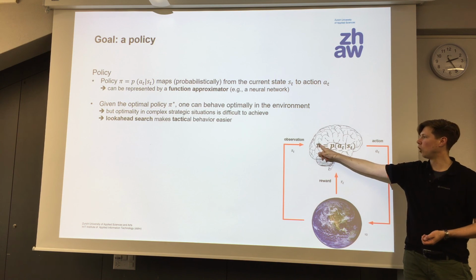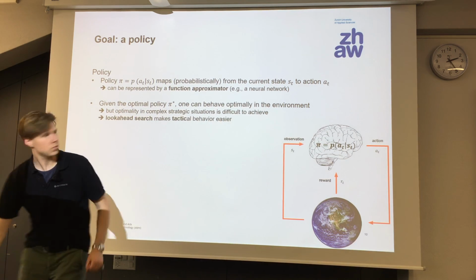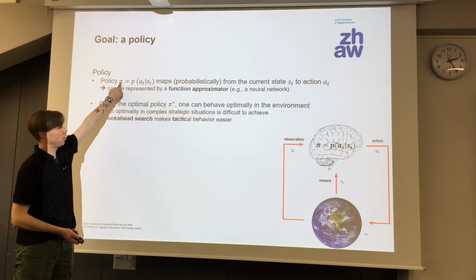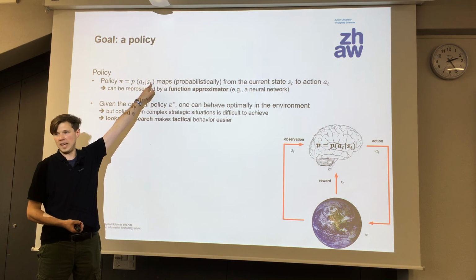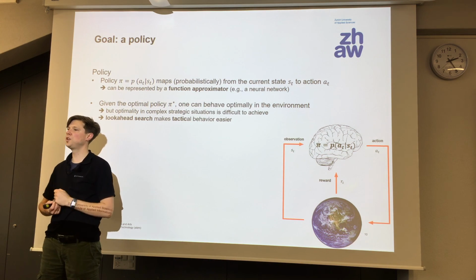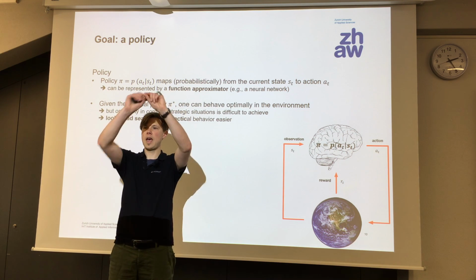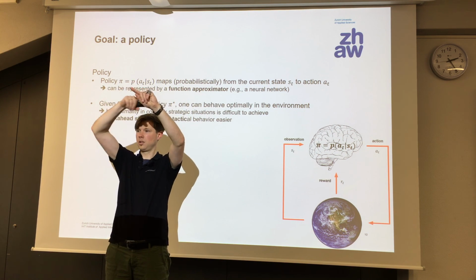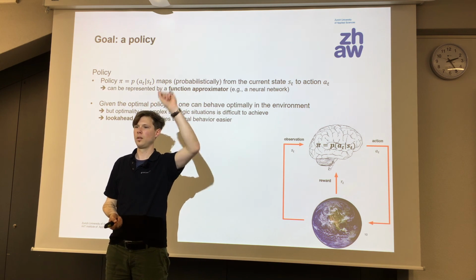And it's usually called pi. Pi for policy. So pi, or policy, is a function that we want to learn that takes as input the state and outputs a probability distribution over all possible actions. All possible actions would be every junction on the grid, on the board, and the probability that we should place a stone there.